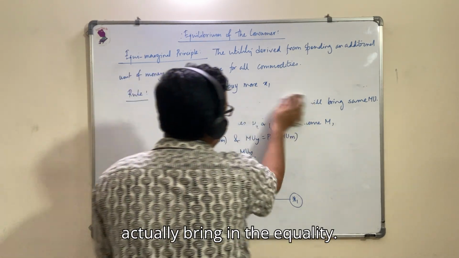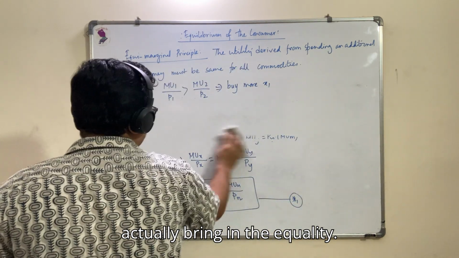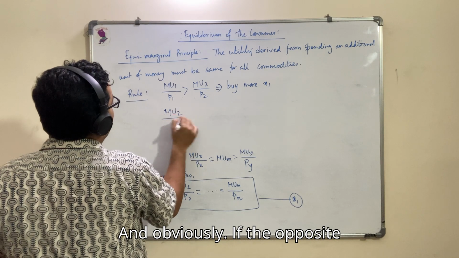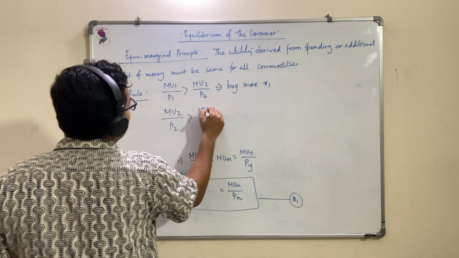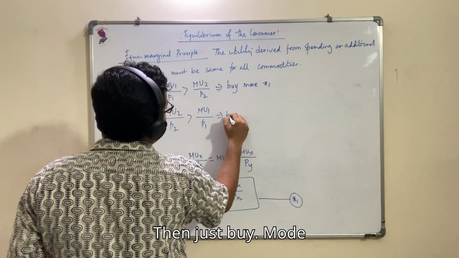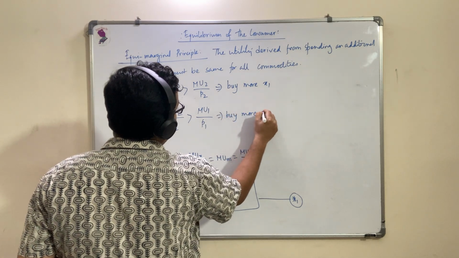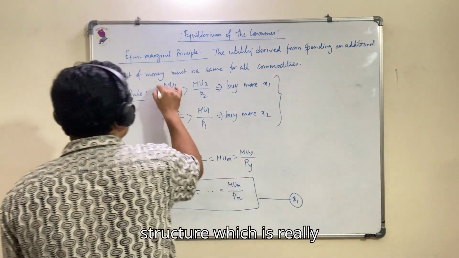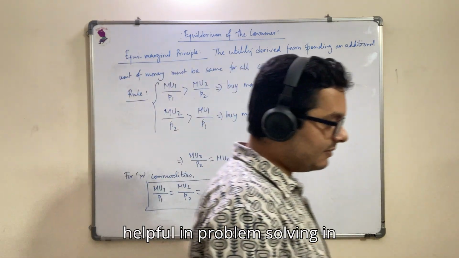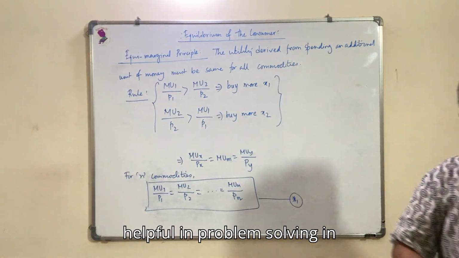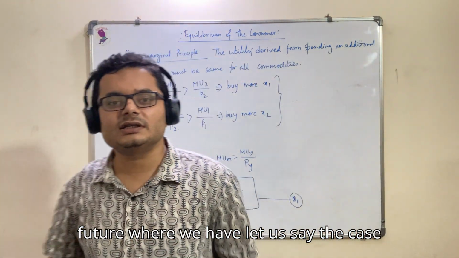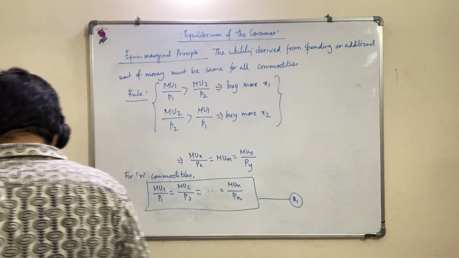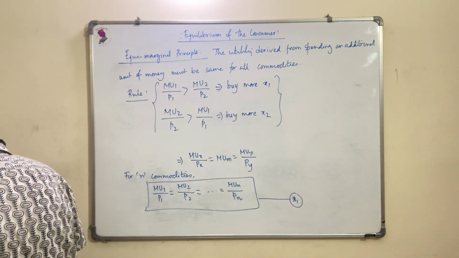And the diminishing nature actually brings in the equality. And obviously, if the opposite is true, then just buy more x2. And this is the structure which is really helpful in problem solving in future, where we have, let's say, the case of perfect substitute, perfect complement, and so on and so forth. Okay.